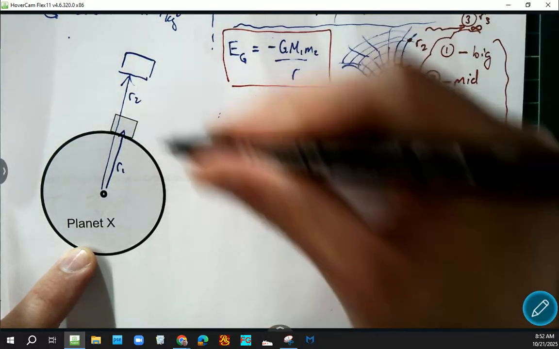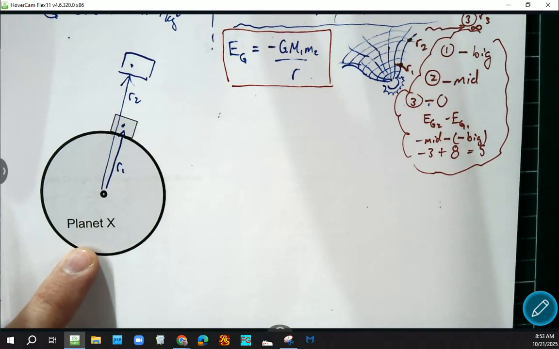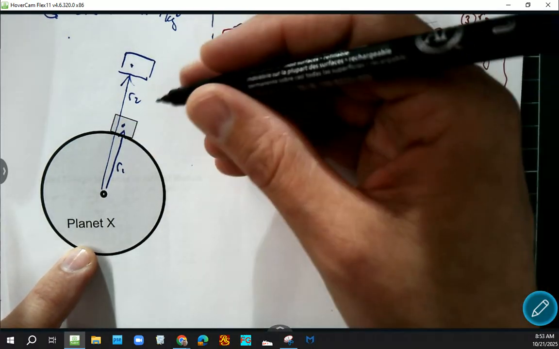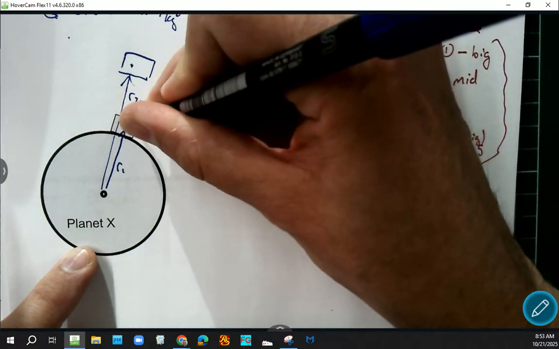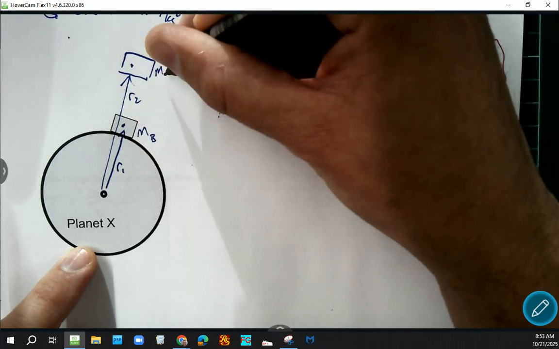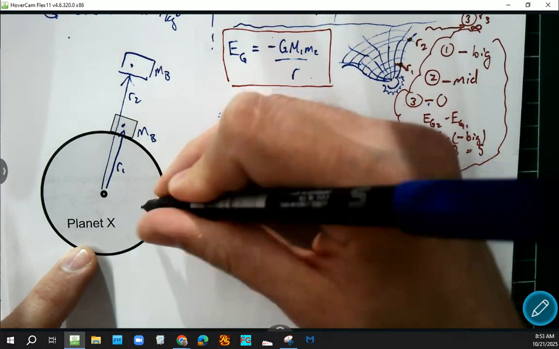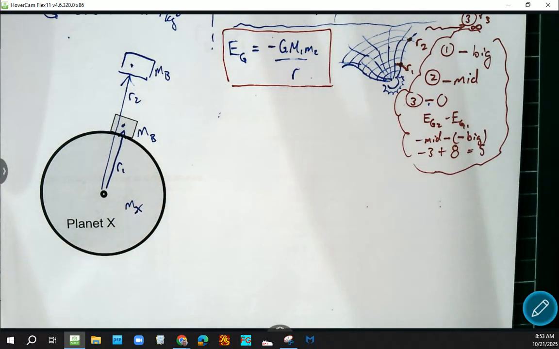And really these R values should be relative to the centers of mass, but I'm going to say that the object is kind of on the small side compared to the planet. Not super, super small, but smaller. We'll call this one mass B, and this one mass X.